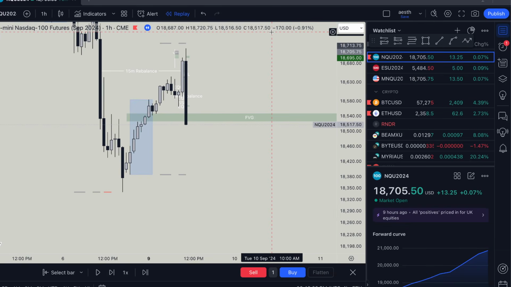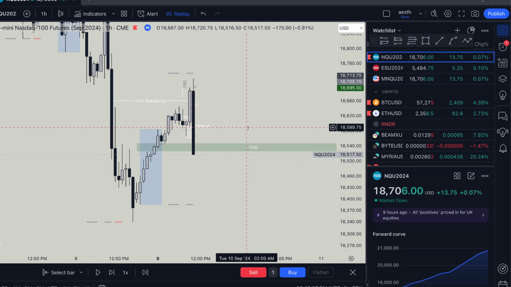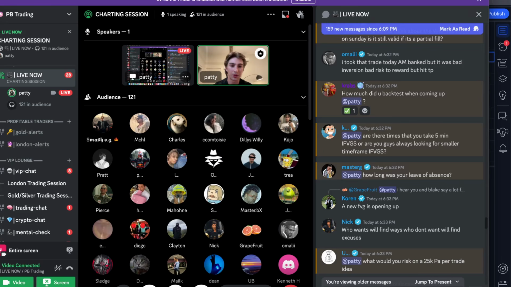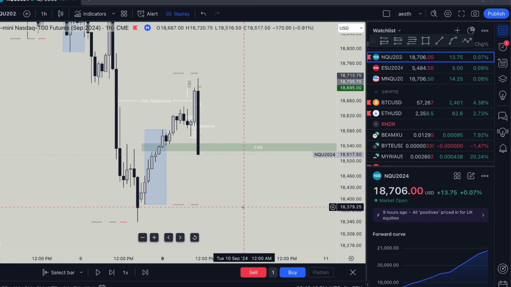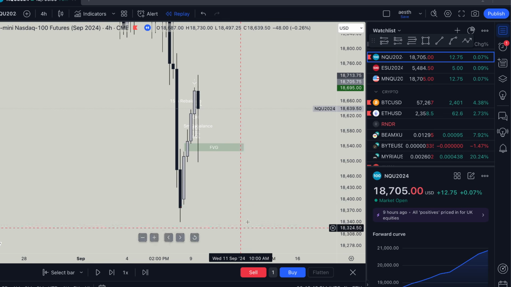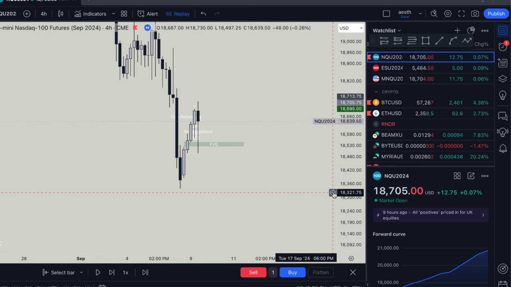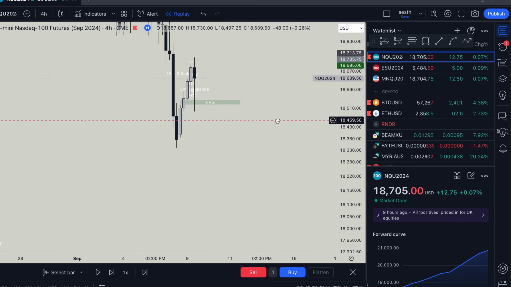It depends what type of volume imbalance you're talking about. If it's an opening day gap, then you typically want to see it be filled completely. But if it's just some sort of fair value gap, then it's not that serious. It just needs to hit it. I really don't know which one you're talking about specifically for Sunday, because from what I'm seeing, I don't see a significant volume imbalance.